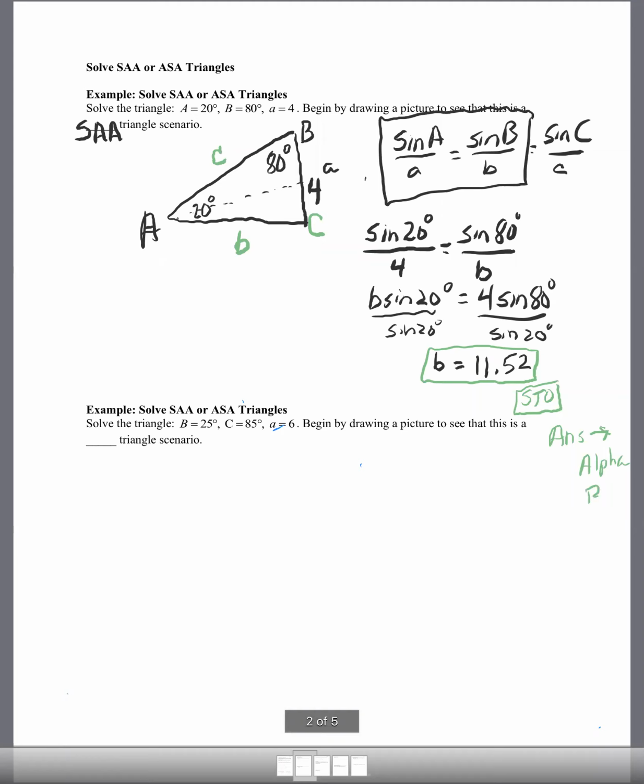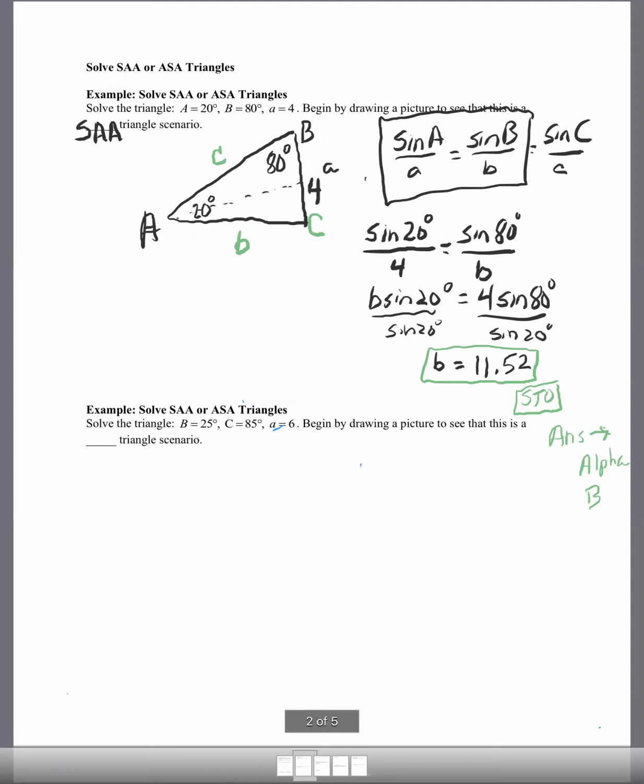So I'm looking for alpha B. When I have that, it says the answer is going to go to B, hit enter, and now it's stored. So now the value in my calculator, big B, is the exact value of what 4 sine 80 degrees divided by sine 20 degrees is going to be. So that's one of the values we were looking for.